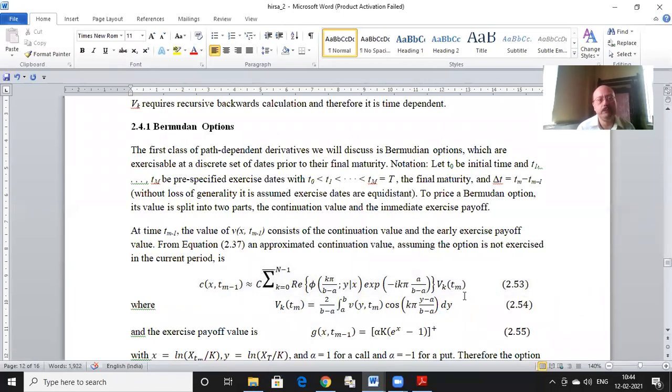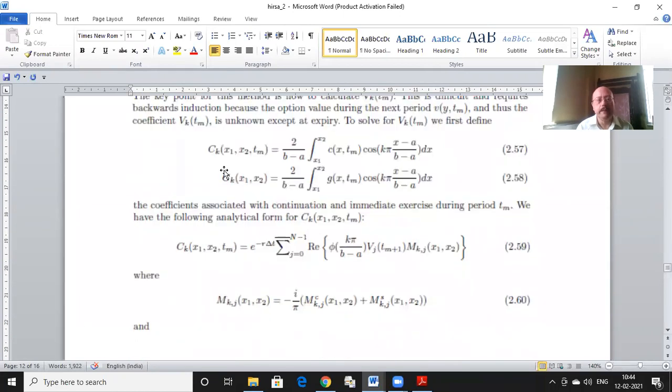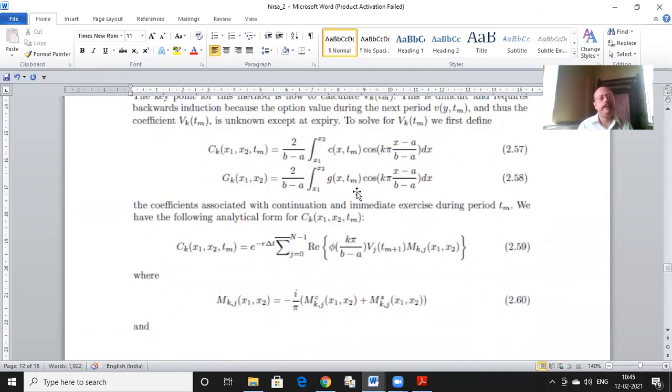In particular, you can see for the Bermudan option that once I start doing this recursion, I have to do a lot of quite complicated calculations. So I have to find out expressions for the continuation and the exercise value for each period. They are again going to involve all the later period values. So I have to do integration here, of course, numerically, which is like doing this summation and truncating it at some point capital N minus 1.